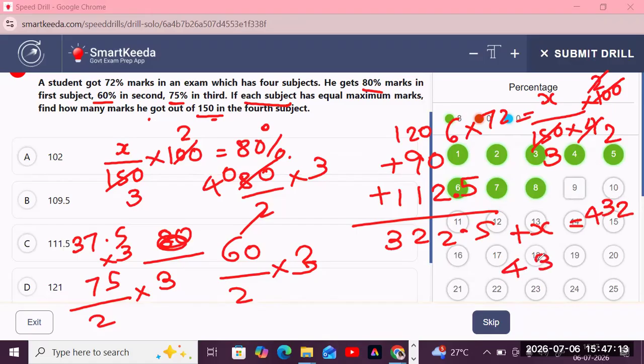So 4, 3, 2 minus 3, 2, 2.0, 10, 5, 11, 9, 2, 0, 1, 0.5. Next.